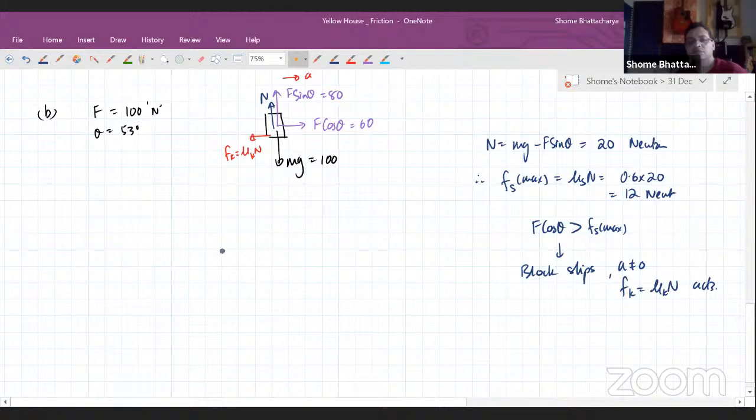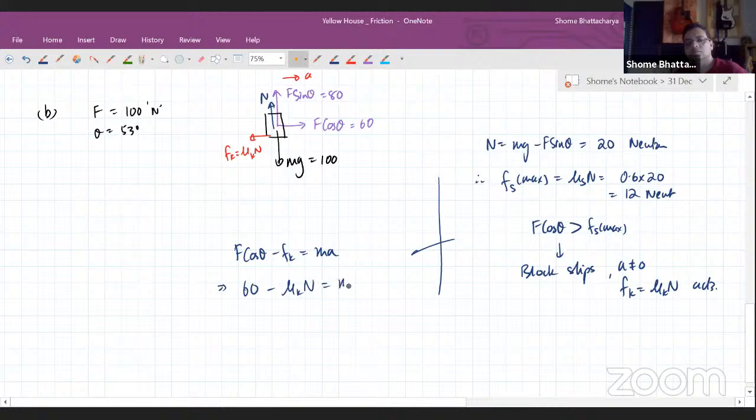So now our equation for this will be F cos theta minus kinetic friction is ma. So F cos theta is 60. So this will be 60 minus 0.5 into, sorry, from here, normal reaction.